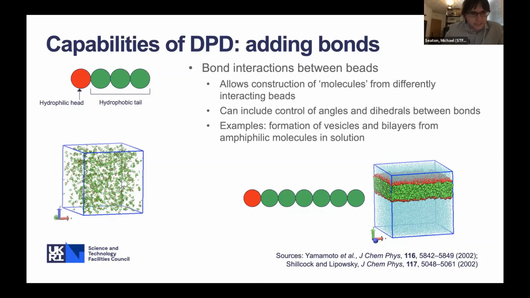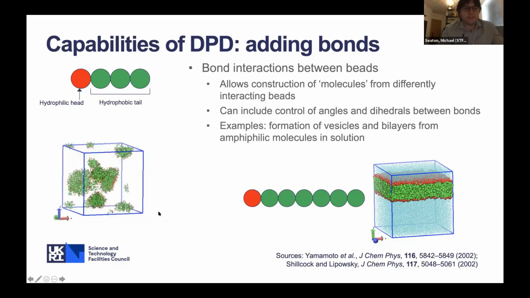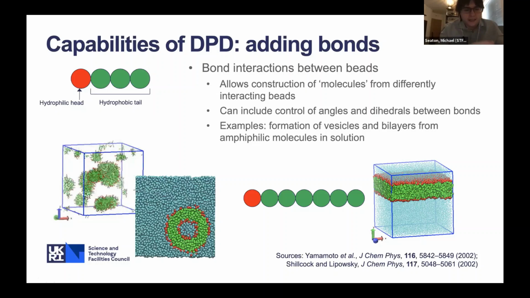showing the water in the movie here, but you can see that those molecules do spontaneously form into a larger structure. In this case, it happens to be a vesicle, which is like a spherical bilayer that incorporates some of the water inside. If you take a slice through the vesicle at the end, you can see there's water right in the middle of it.